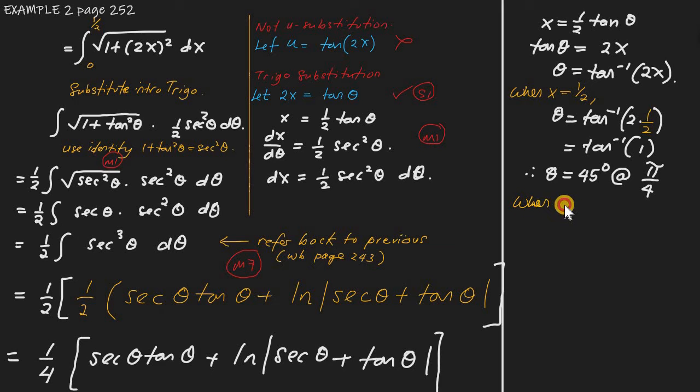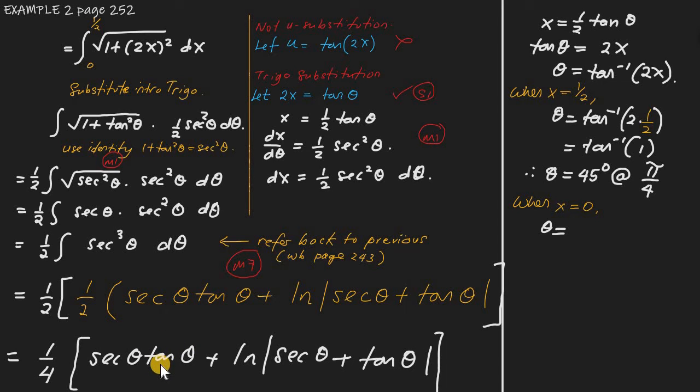Next, for the lower boundary, when x is 0, theta you have to change it, because you cannot get back. For example, what if I would like to replace it back in terms of x? It is hard, because we are only given tangent theta as 2x, but how to change it in terms of secant theta.